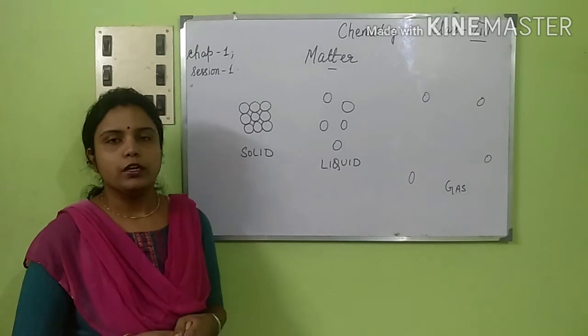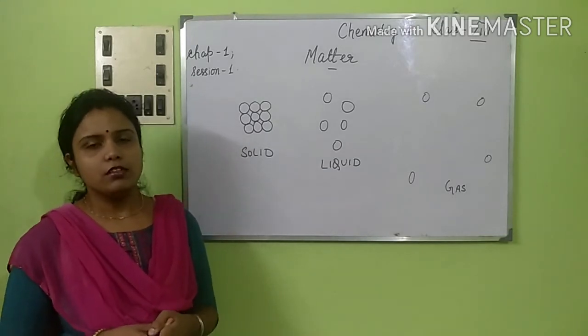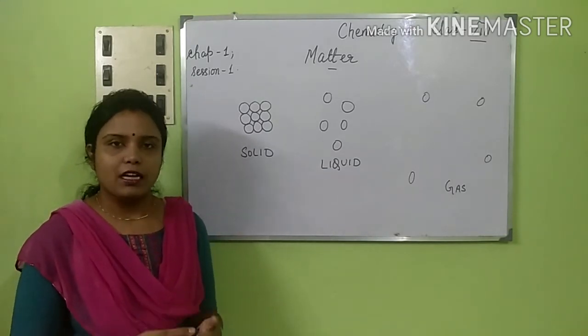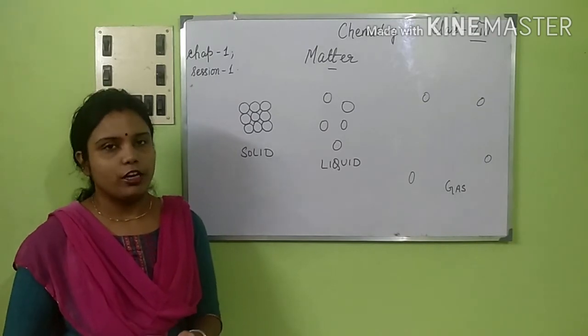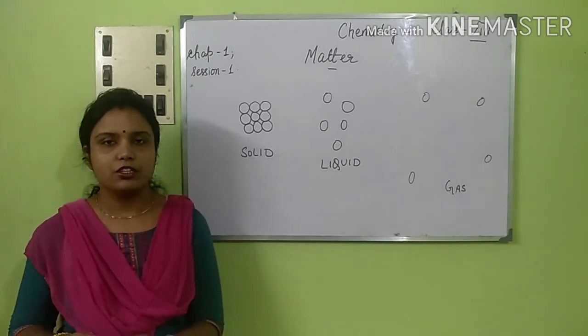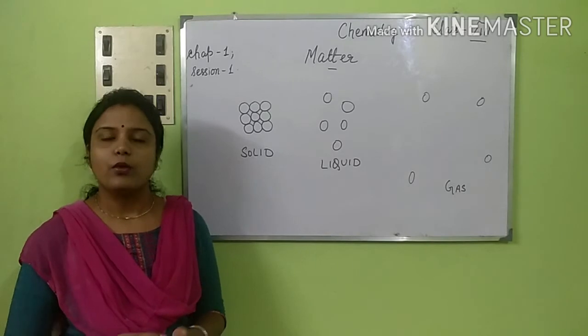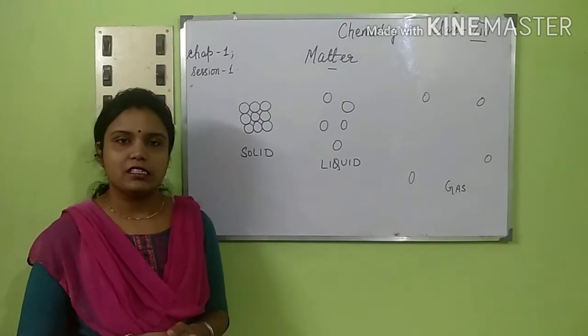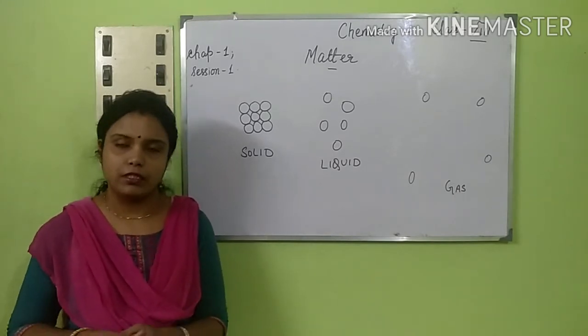Coming to the molecule, it is a part of a compound. A molecule is the smallest unit of a compound, whereas an atom is the smallest unit of an element.